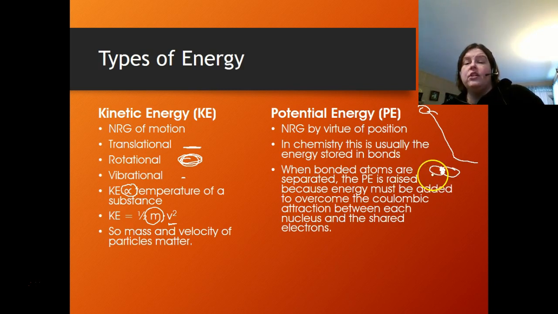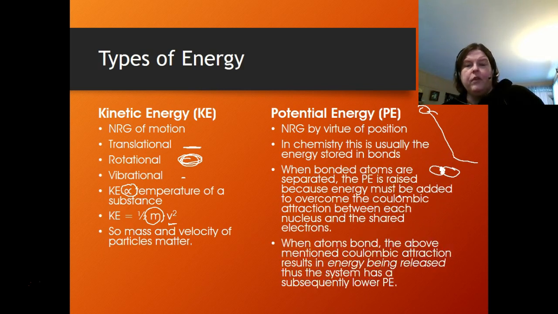You've got attractions and repulsions both going on at the same time between the nucleus and the shared electrons. There's lots going on here. But that means that we have to add energy to break a bond, which is a little strange to some of you.